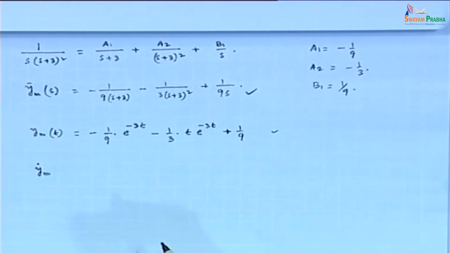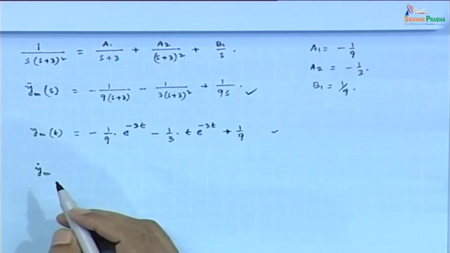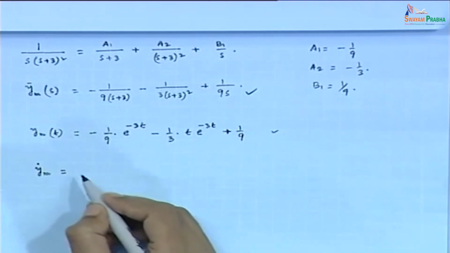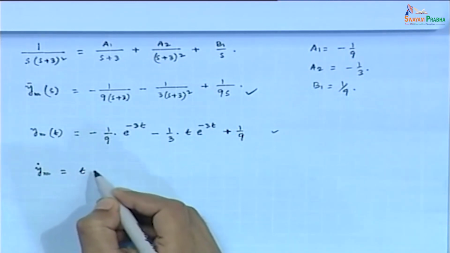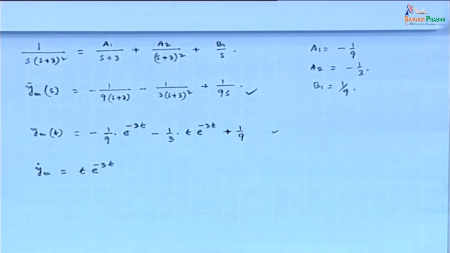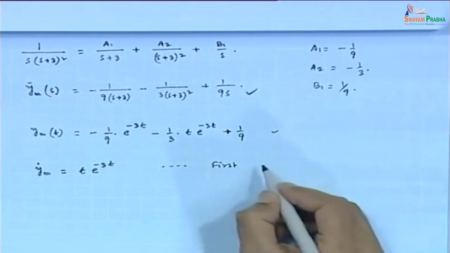The first derivative of Ym, represented by Ym dot, equals t e to the power minus 3t. Check this. The first derivative of Ym we get as t exponential of minus 3t.